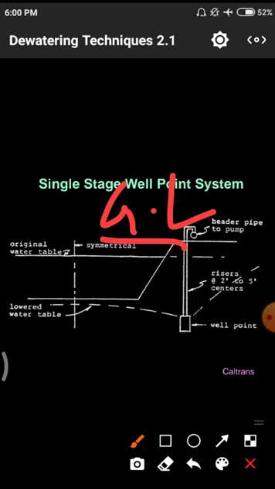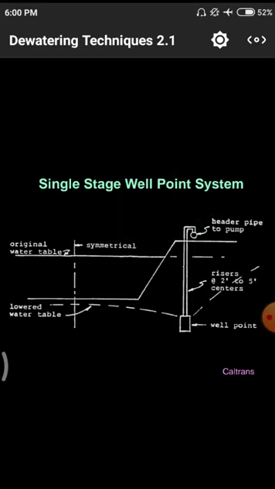After that, we decrease the particular quantity by simply removing the total water present on the structure. That means we have a header pipe. From the header pipe to another pipe, we use these well points and other things. Simply we are removing the water and decreasing the groundwater content from ground level.